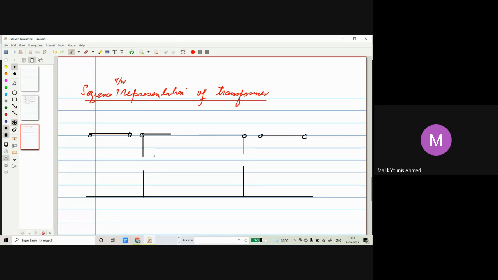Okay, so this is the circuit. This is the primary side of the transformer, and this will be treated as the secondary side.